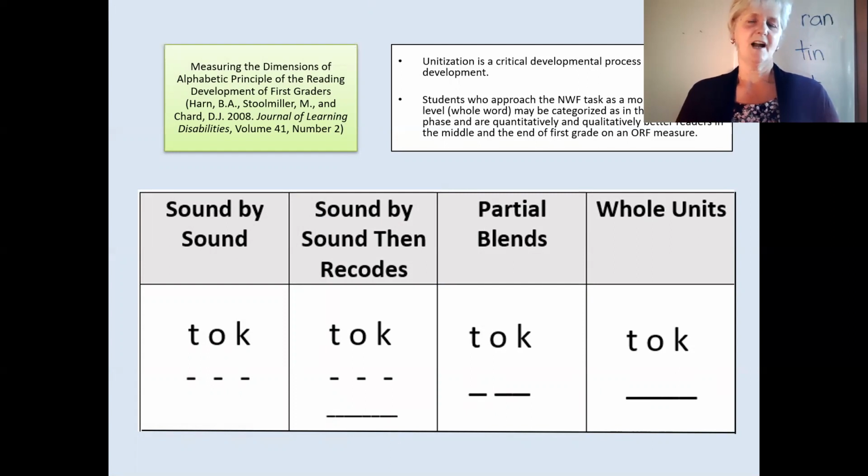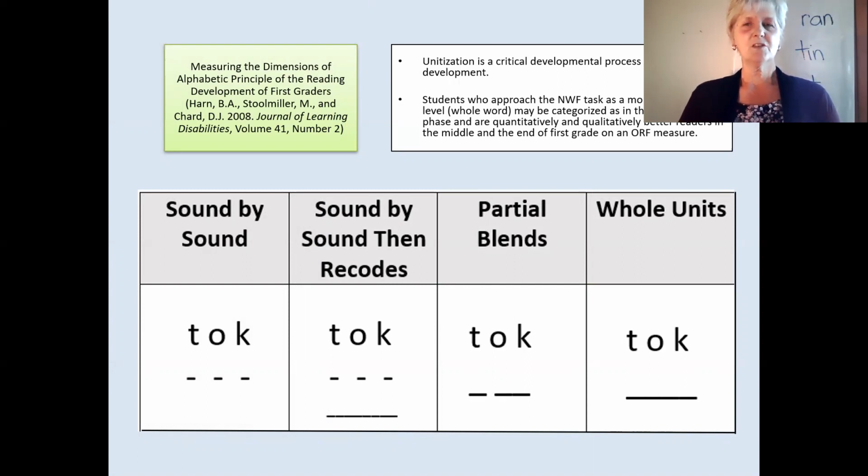When I was teaching, I did not know that this progression existed. And I did not know that when a child would say "ap, car," what was causing that. Now with this study and others that have been replicated, we understand. So let's look at the progression on the slide.